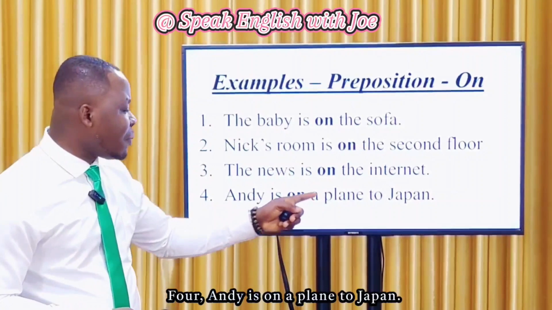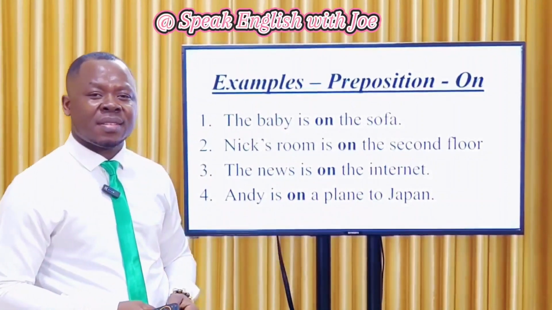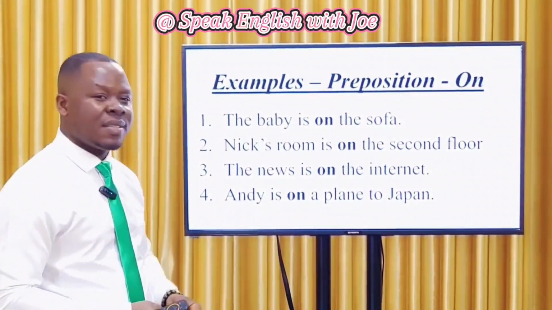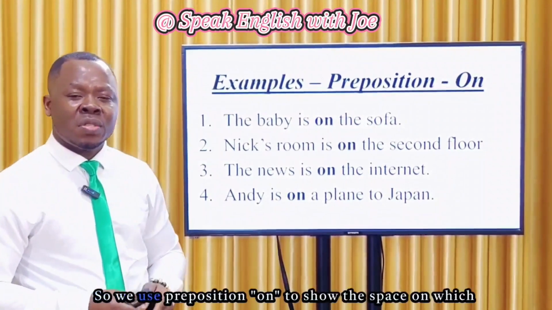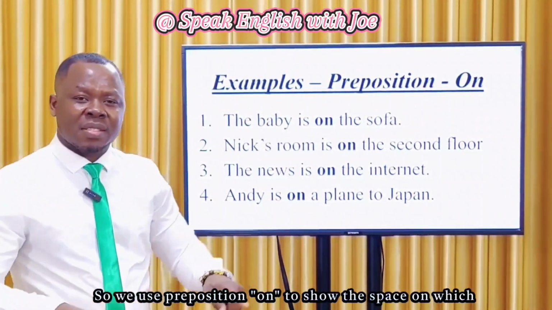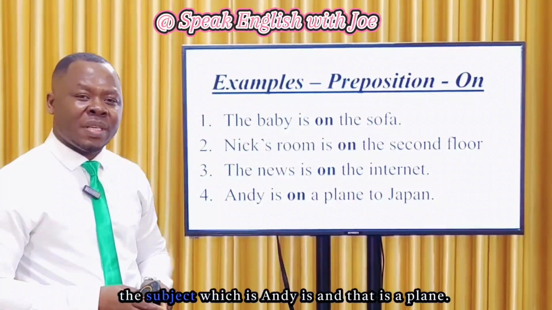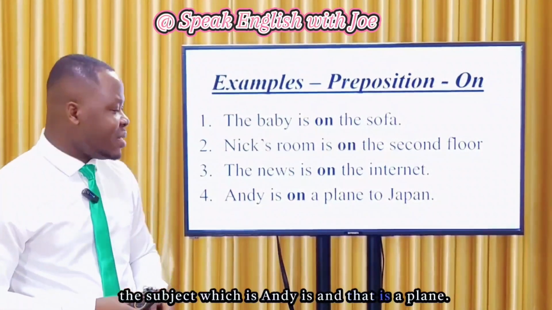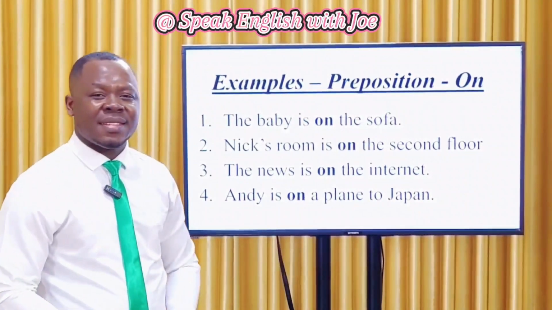Andy is on a plane to Japan. In this sentence, the subject is Andy. So we use preposition on to show the space on which the subject, which is Andy, is, and that is a plane.